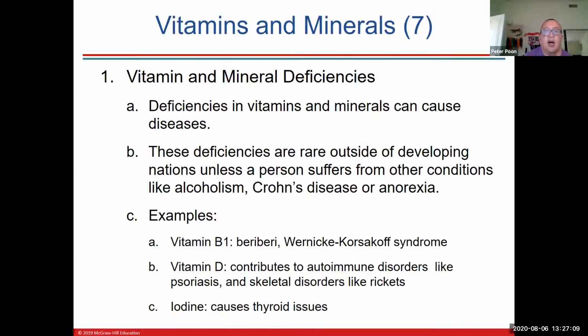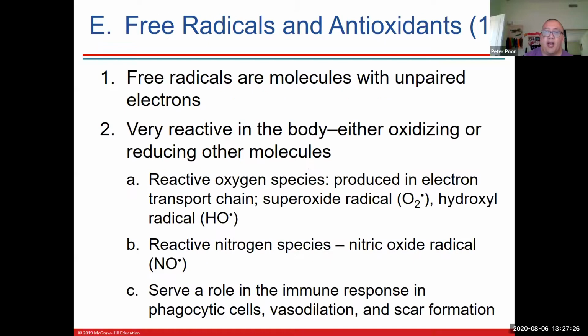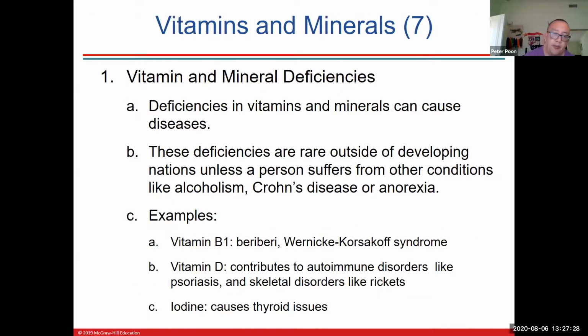These deficiencies are rare outside developing nations unless there's some other effects. So we know a lot of these things already, and we know kind of what they do, and we add it to food. Like vitamin D is routinely added to milk. Iodine is routinely added to salt, etc.